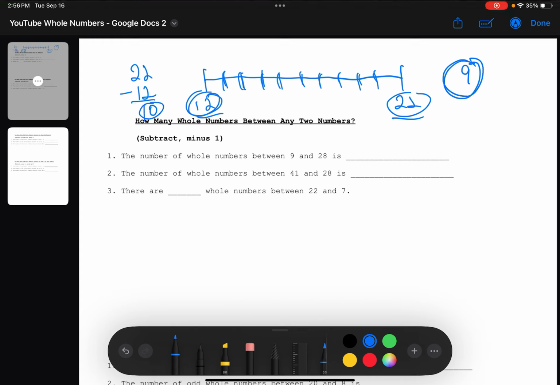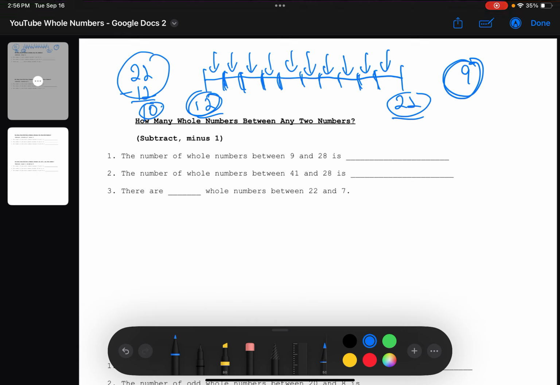And the reason is because the 10 represents how many spaces there are. So there's 1, 2, 3, 4, 5, 6, 7, 8, 9, 10. So the subtraction counts the spaces, and we want the tick marks. We want the numbers. So there's always going to be one less tick mark than there are spaces.